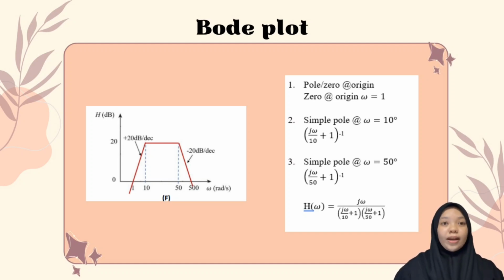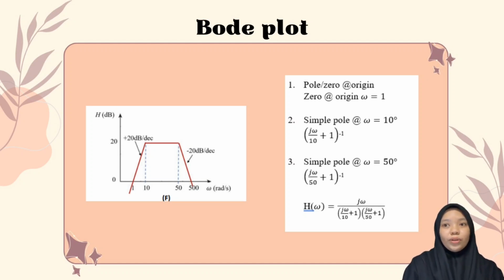So for the final transfer function, we have a zero at the origin and poles at omega 10 and omega 50. So the final form is H of omega equal to j omega over (j omega over 10 plus 1)(j omega over 50 plus 1).